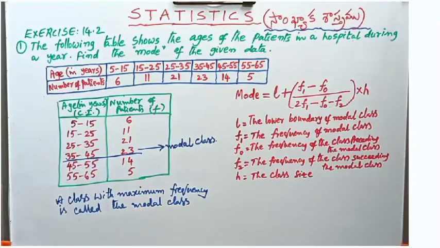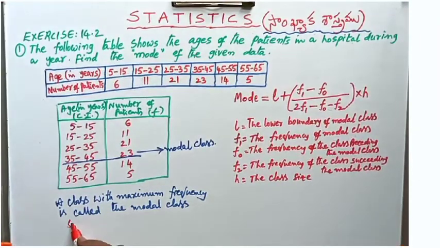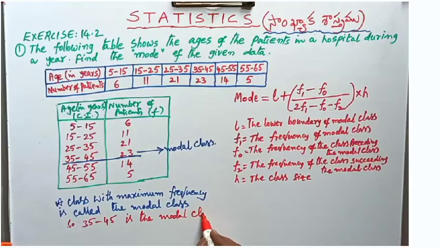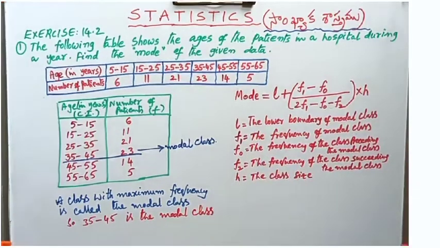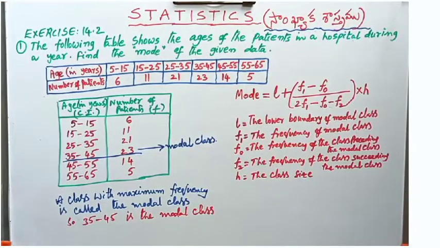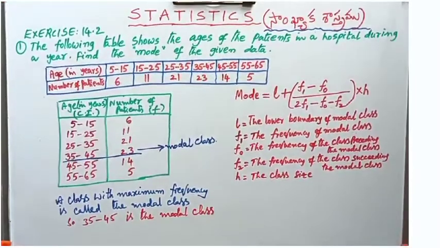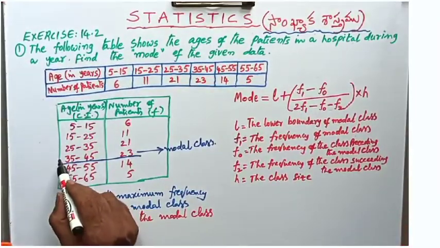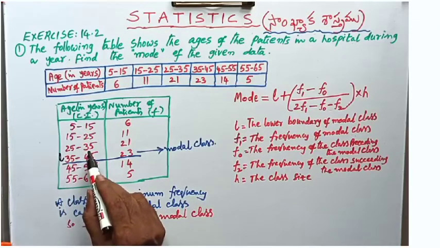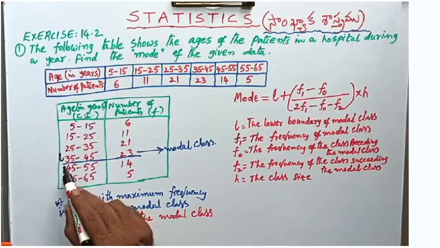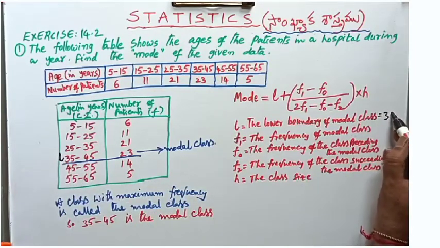That's why 35 to 45 is the modal class. So from this you have to find the L value, F1 value, F0 value. Here L is the lower boundary of the modal class. The modal class is 35 to 45, that's why L is 35. So L is equal to 35.